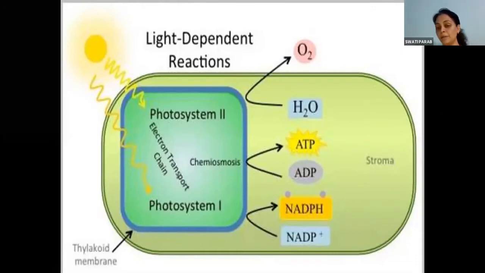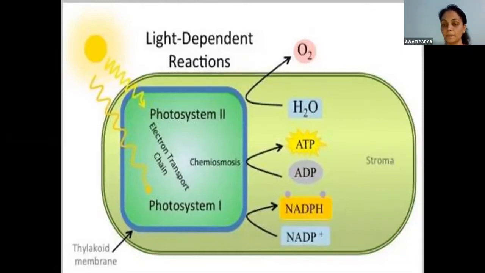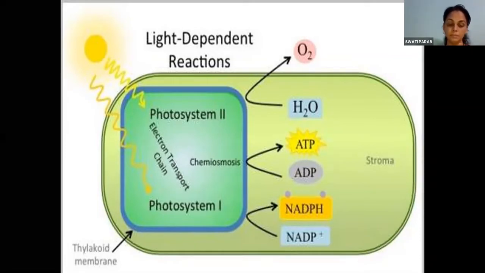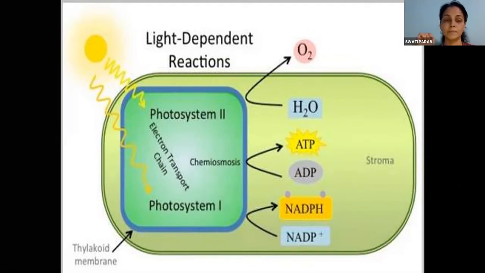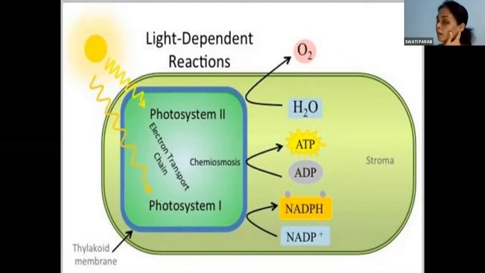Okay, P1 and P2. After drawing this diagrammatic representation, down you can write that these are known as photocenters. P1 and P2 are called photocenters. And these are nothing but chlorophyll molecules.